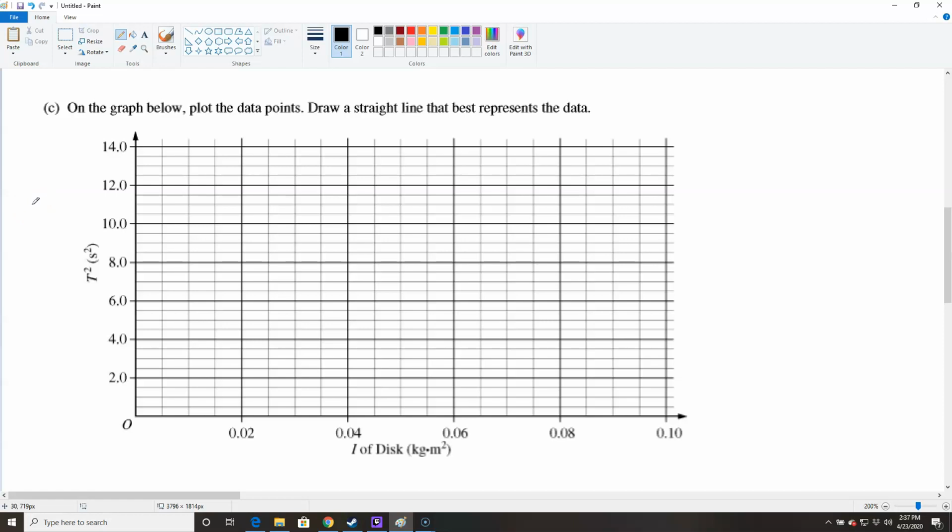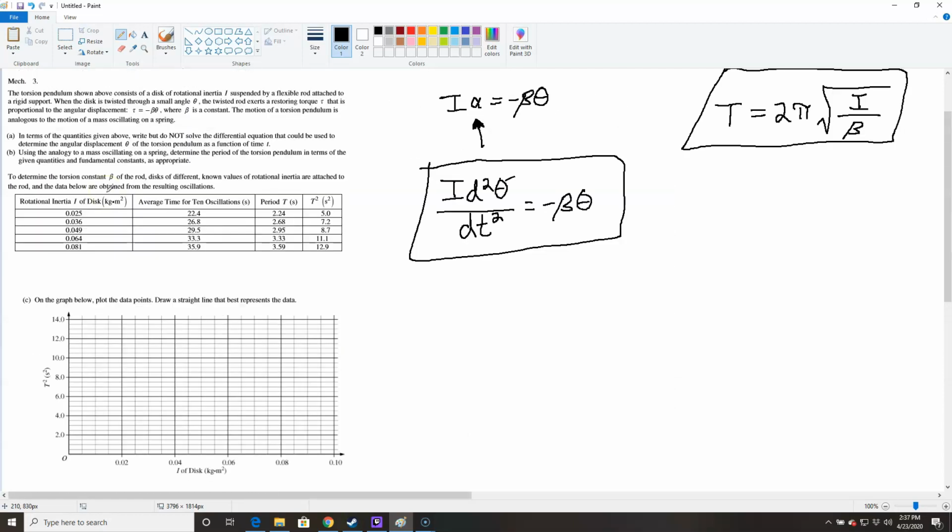Okay, so in order to do that, we're going to need the data table from up here. And our goal is ultimately going to be find, well, how do we get beta? All right, so let's see this little mix and mash of stuff up here.